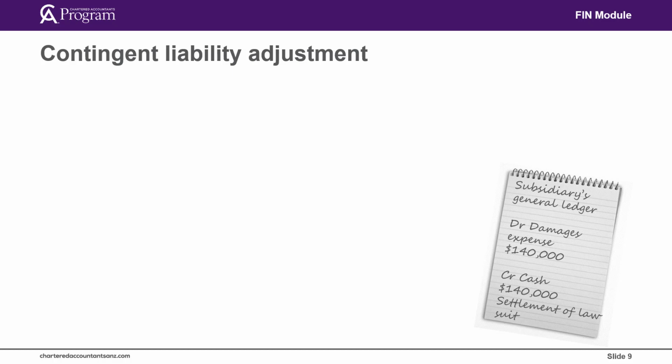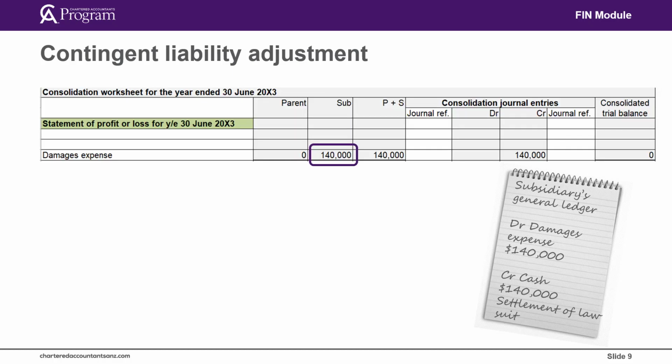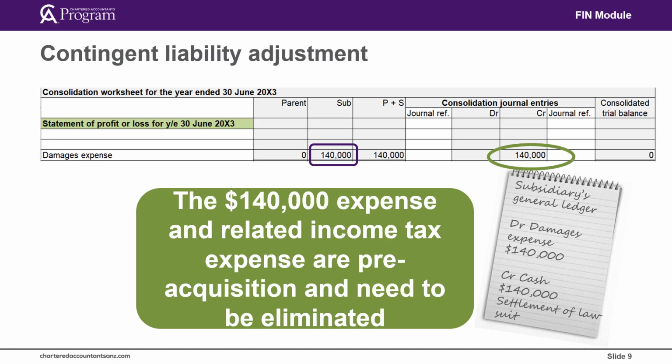So there's the entry that you would see in TBS's general ledger. You can see the $140,000 damages expense from their general ledger in this consolidation worksheet that I've prepared. However, from a consolidation viewpoint, this expense is pre-acquisition to the Stark Consolidated Group.